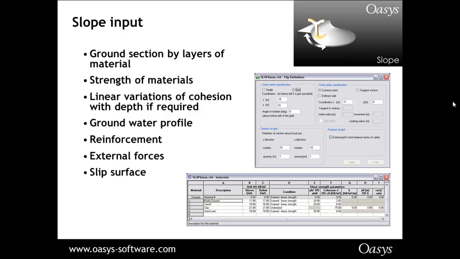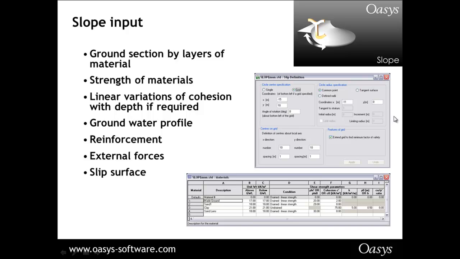And you need to put information about the slip surface in. So, for example, are you looking at a slip surface that already exists? So basically, you might be looking at a single slip circle. Maybe you just want to find the worst case slip, in which case you're looking at a grid. And there are different ways of specifying circles, going through a common point, just as a radius going out, or tangential to the surface.